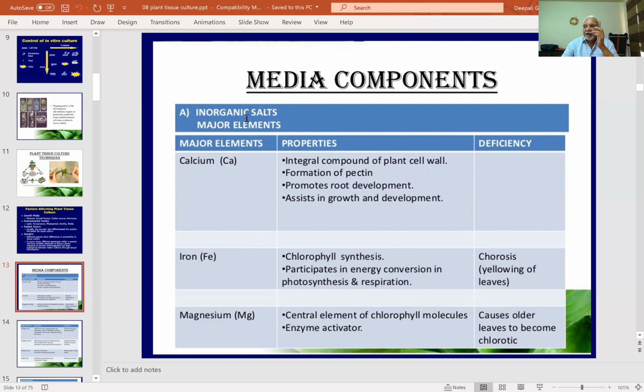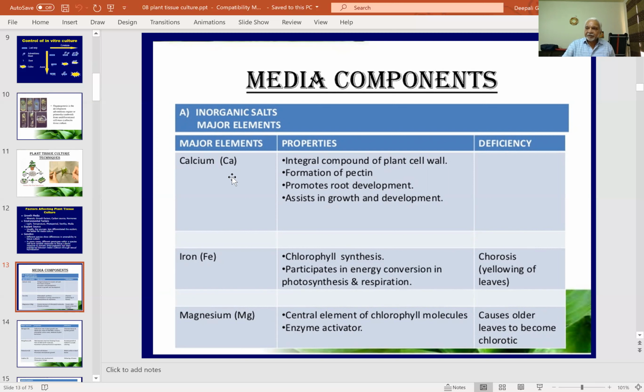So for example, iron. Iron deficiency in plants shows chlorosis, or yellowing of the leaves. So if you reduce iron from the media, keeping all other elements the same, then the plants show chlorosis. So that's how it was concluded that iron is a major component of plant nutrition.